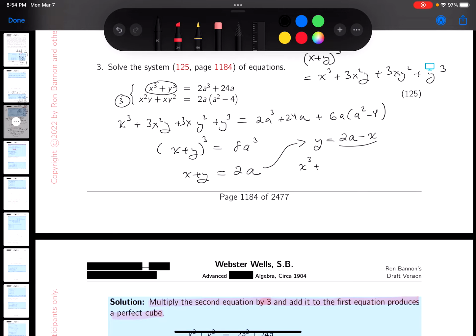That's going to be 8a cubed minus x cubed. This is still going to be 2a cubed plus 24a. Got to do the middle terms, and it's a cube problem, so it's going to be 3 times, let's see, I've got to square the 2a, so that's 4a squared times the x. So that's 12a squared x.